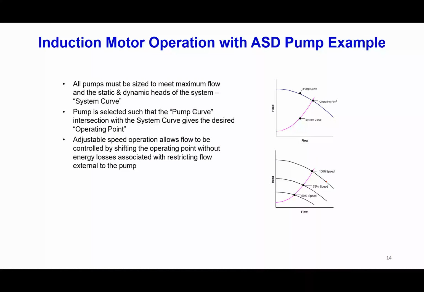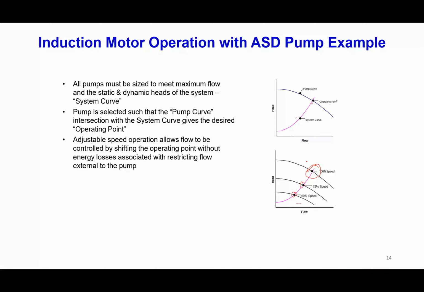For example, in pump applications, we can operate at different speeds, 50%, 75%, 100%, and optimize the operation of the pump to achieve maximum efficiency. The pump curve intersecting the system curve gives the desired operating point. So this is the desired operating point at 75% speed, and this one is the desired operating point at 100% speed.